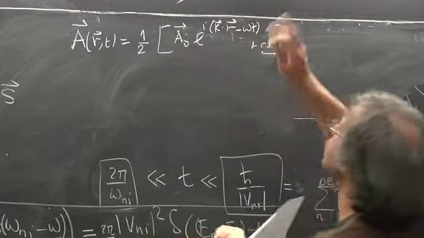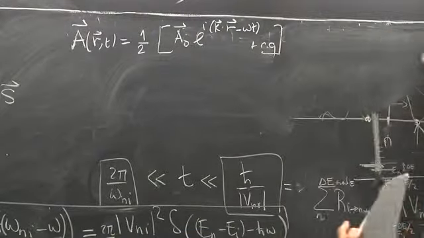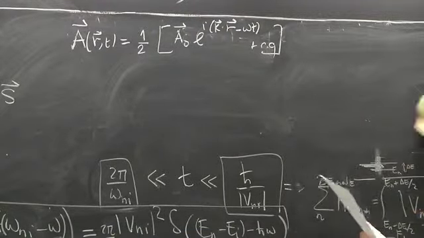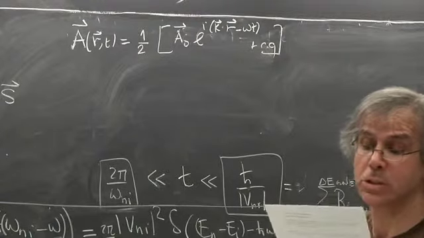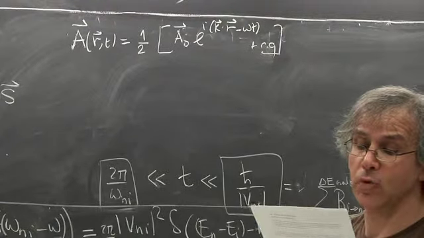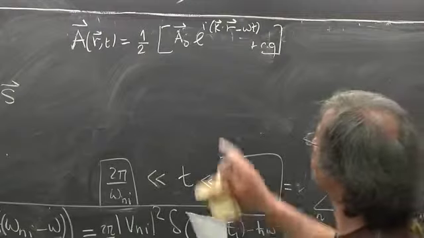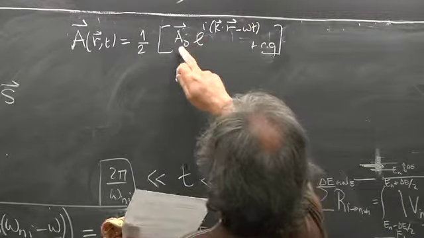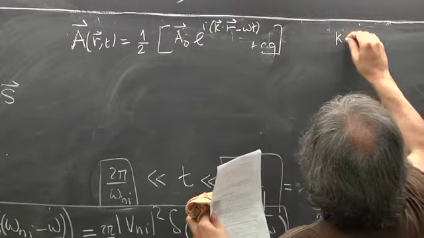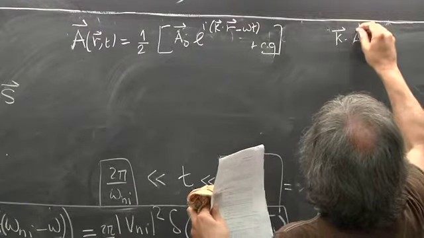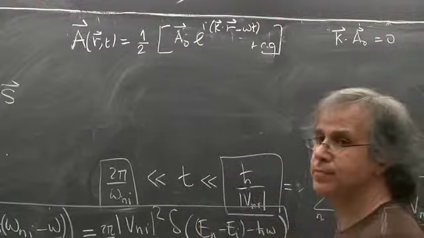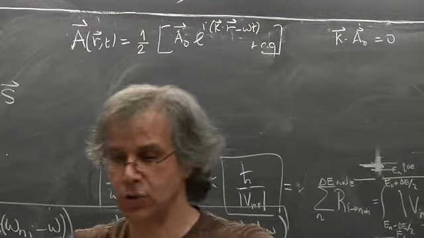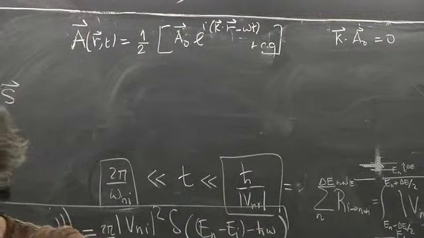A0 is a constant vector. Okay? Now, let us do a few particular cases. Let me assume that k and A0 are orthogonal. Okay? So A0 is orthogonal to the direction k.